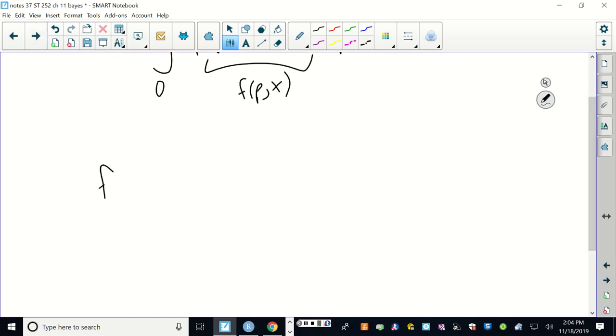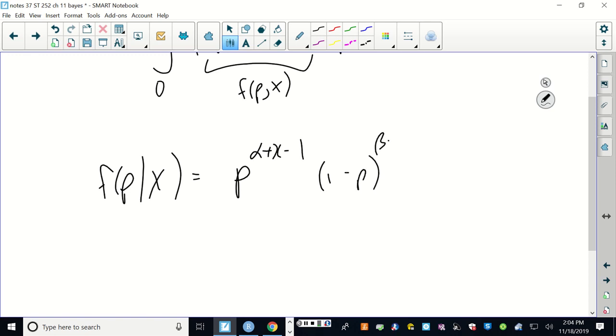So the density of p given x ends up looking like p to the alpha plus x minus 1, 1 minus p to the beta plus n minus x minus 1. And there's an integral of that same thing, dp, down there. Well, this is something called a beta integral, which can be written as gamma integrals.